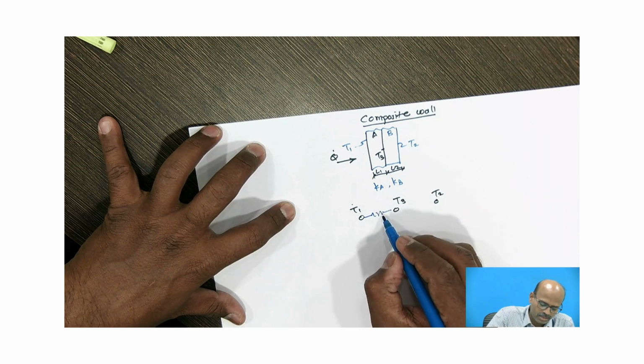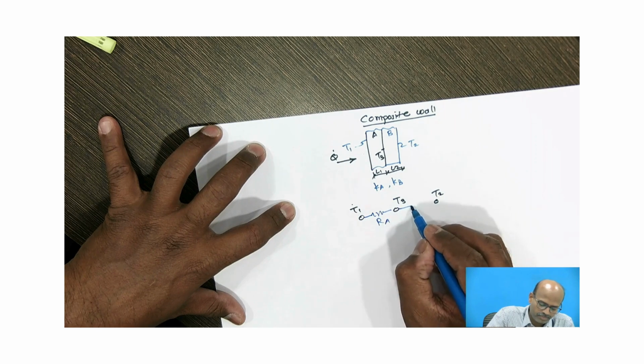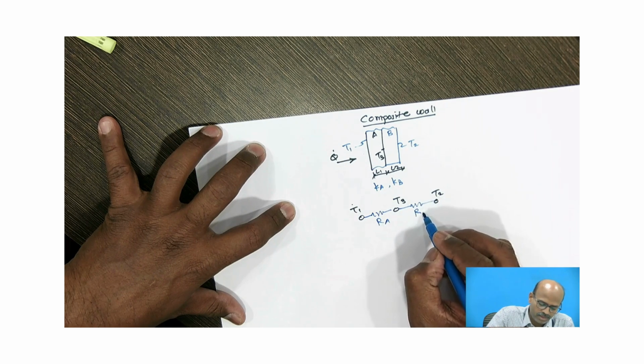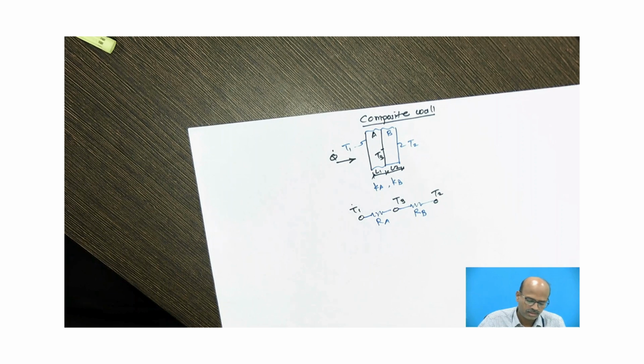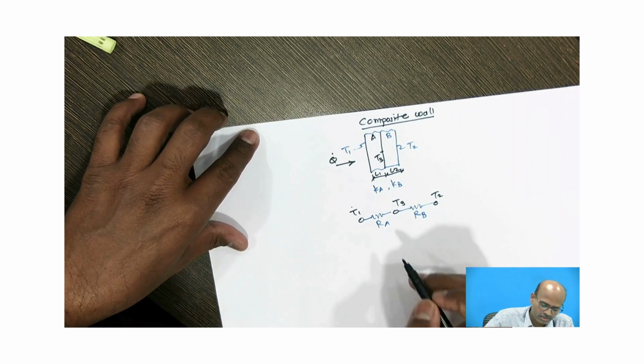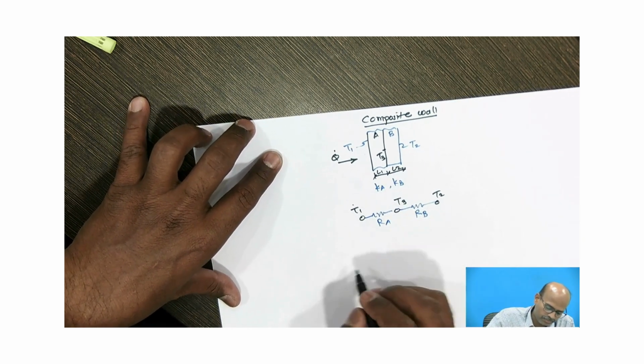This will be the resistance of A, this is the resistance offered by B material.